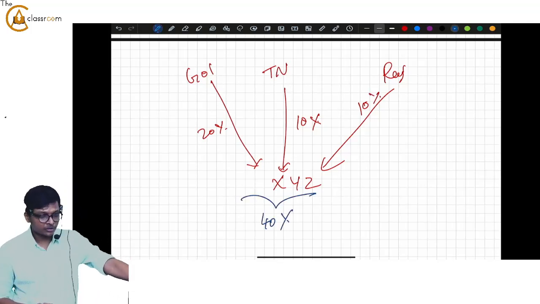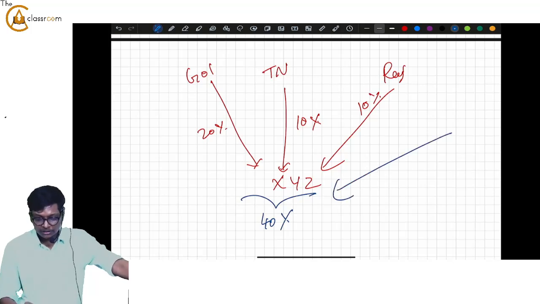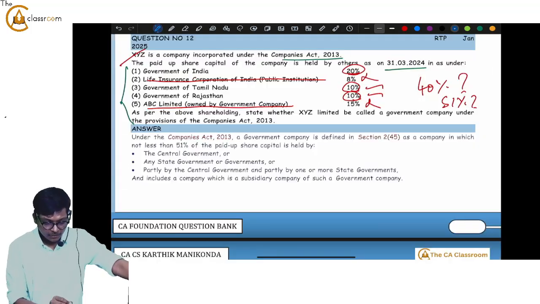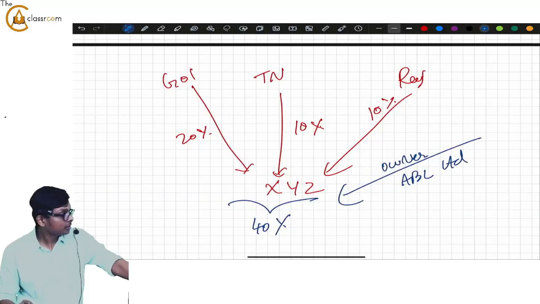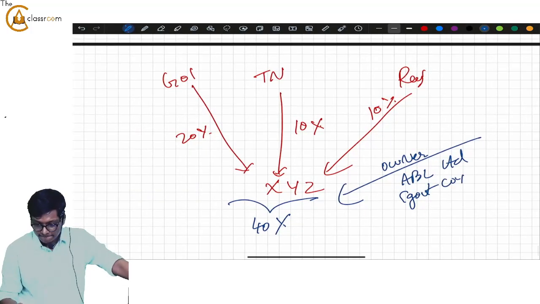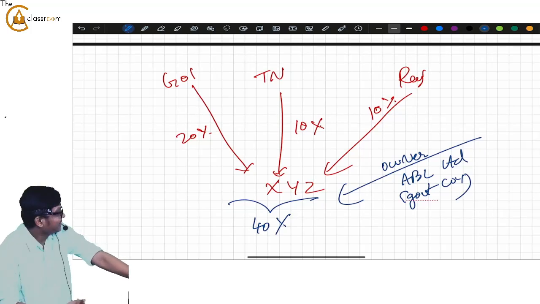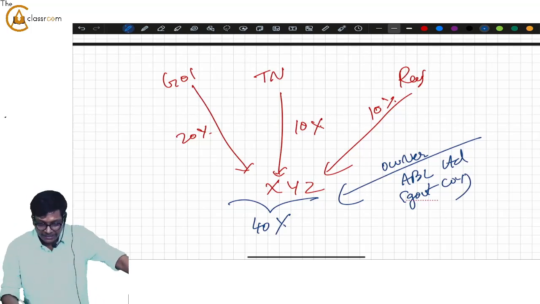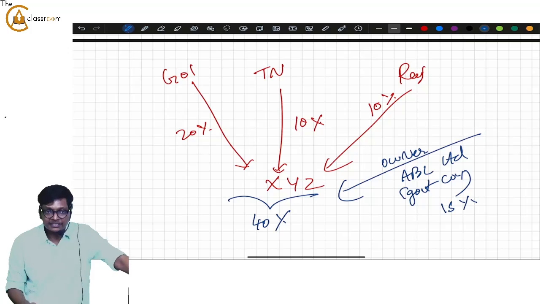How do I close the question? But your doubt is, sir, owned by ABC Limited, which is a government company, correct? ABC is a government company, and in XYZ they have 15%.